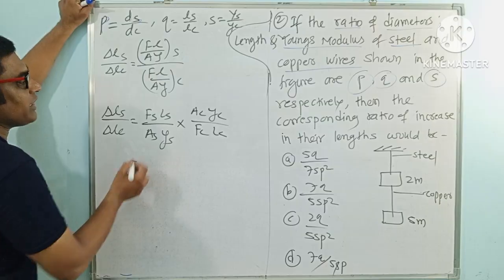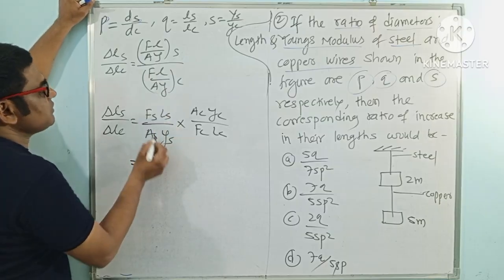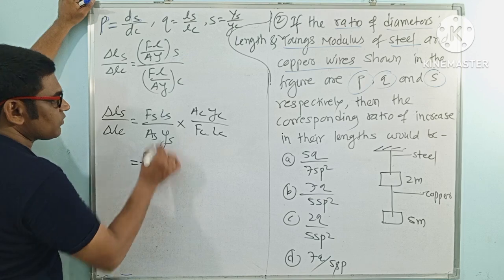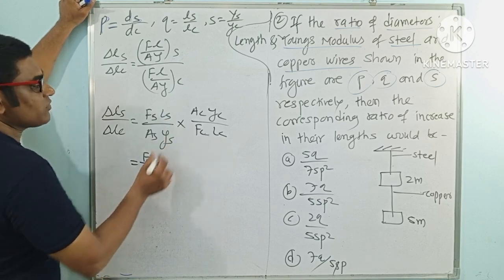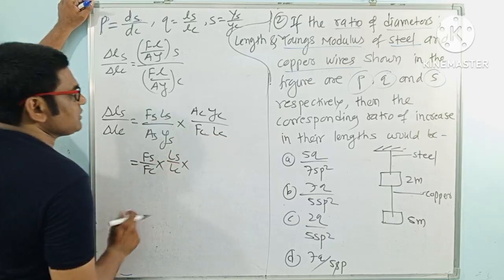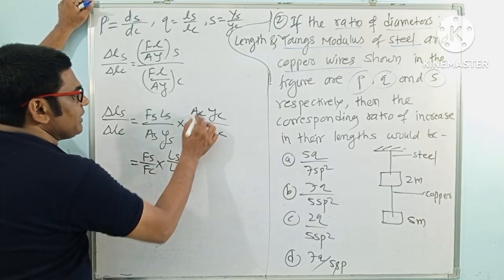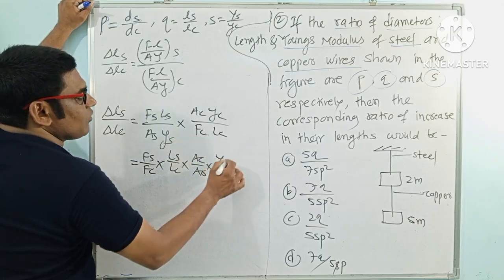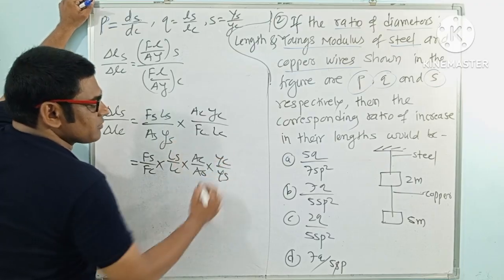Okay, so this you will get. This ratio is given. So force Fs by Fc, then LS by LC, then AC by AS into YC by YS.